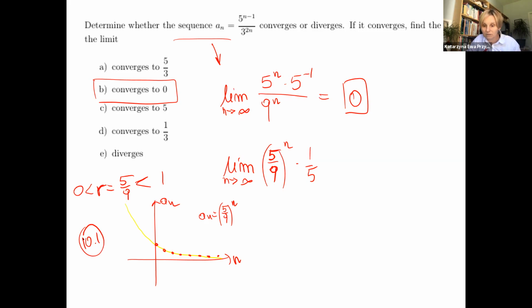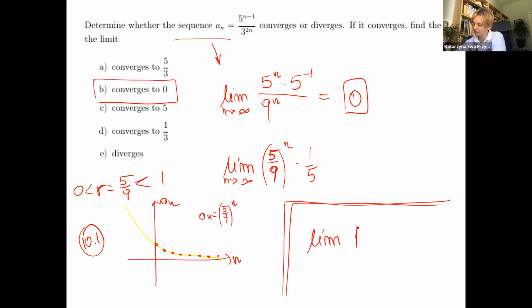What if it's equal to 1? Is it divergent? This will be just a different limit: 1 to the power of n.